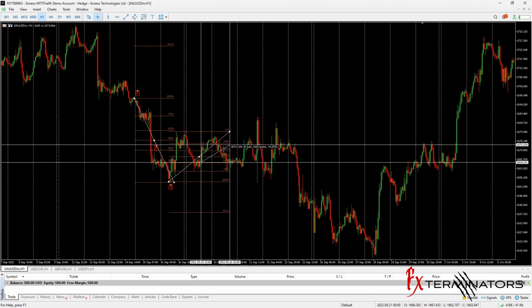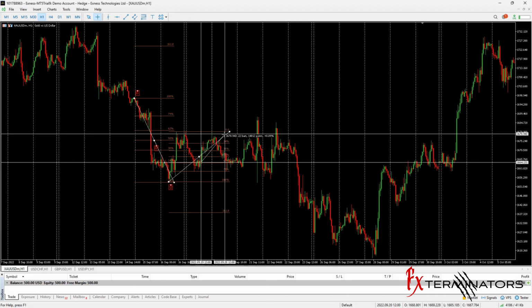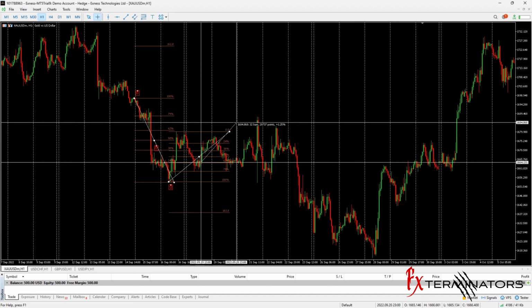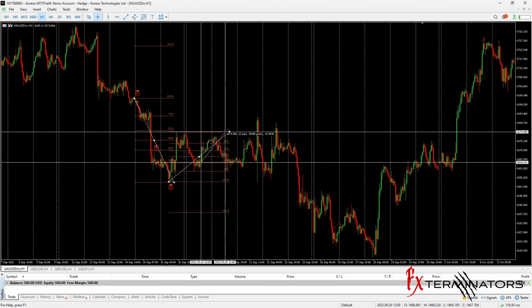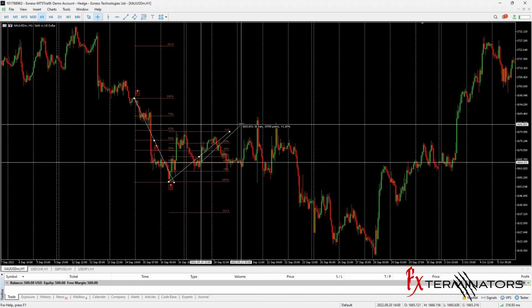So it depends on your choice. Most people like to take all of that profit at this level without even getting to the initial TP. That is also a safe move. But me personally, when it gets to the top side of this place, I start taking some profit, and then leave the rest to run at break even.